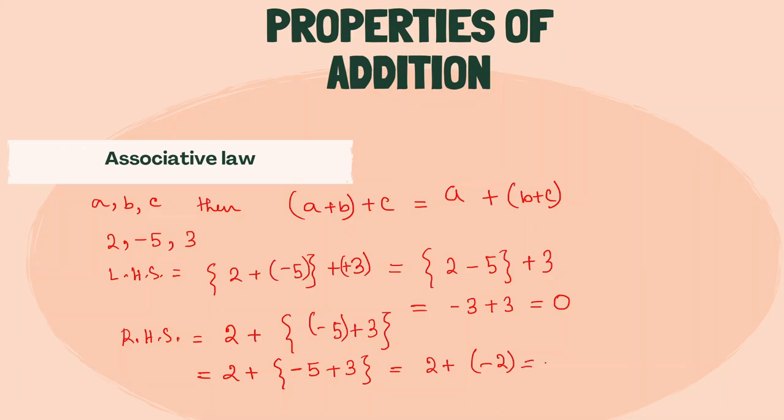So it becomes 2 plus minus 2 equal to 0. So LHS equal to RHS. Hence proved.